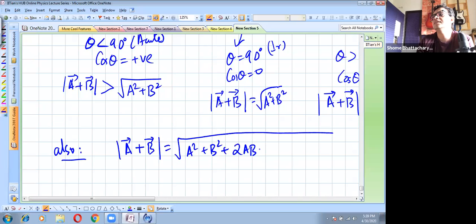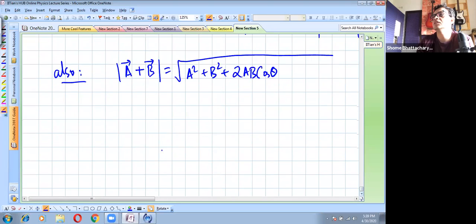So on the right hand side of this formula, you can see in which case this whole quantity is maximum: when cos theta has its maximum value. Okay. So you can see here that cos theta, its maximum value is how much? Positive 1. And that happens in which case? When theta is 0.